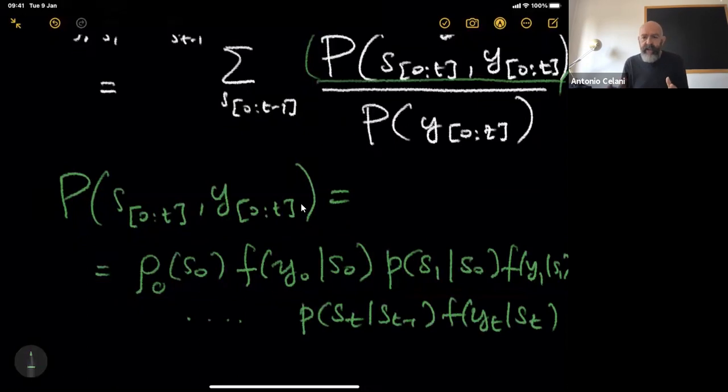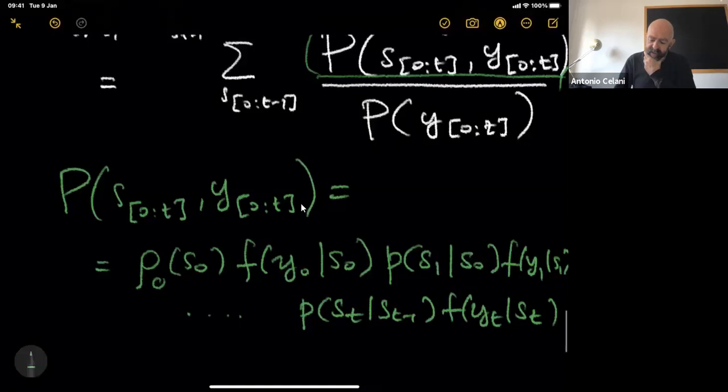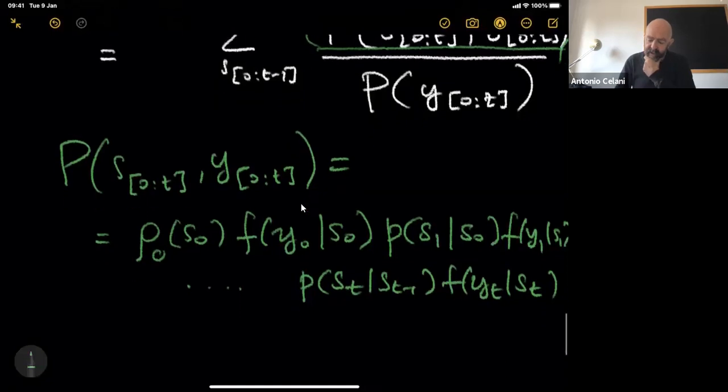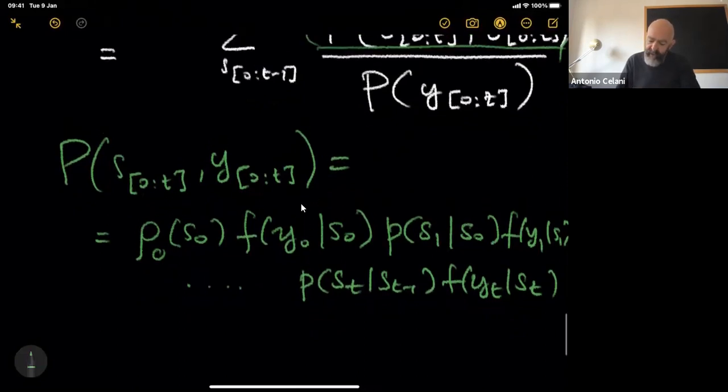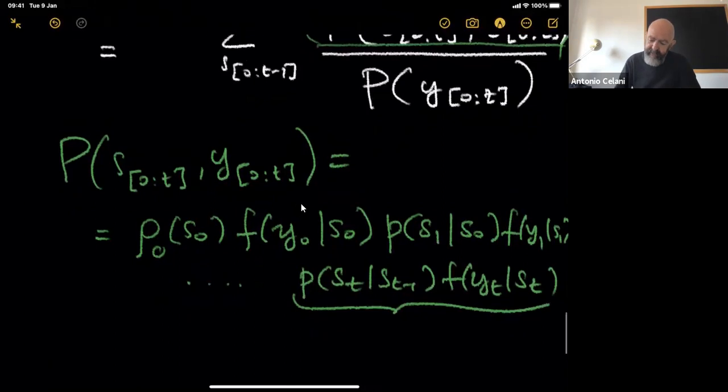So this is where I use the Markov property of my underlying process. These probabilities are all products of probabilities, and all observations are independent. That's what I'm using here. So this is interesting and useful because this allows me to rewrite this object in the following way. So I can isolate what has happened at the last step.